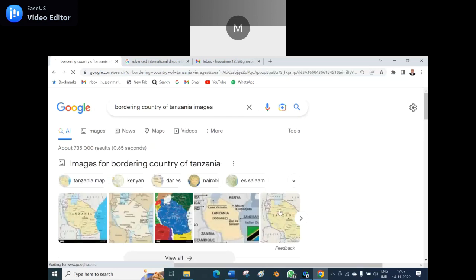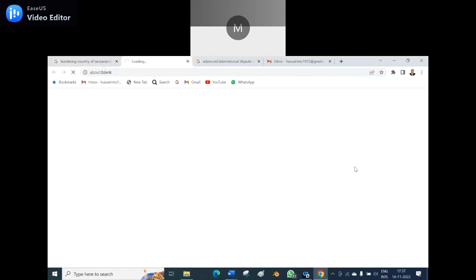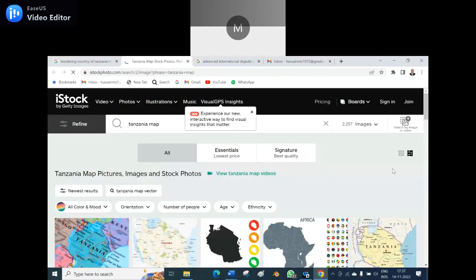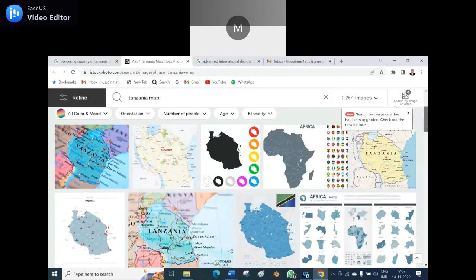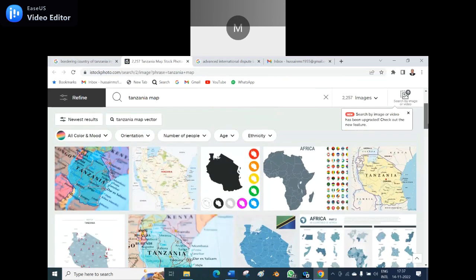Did you see here what countries are attached to Tanzania? Kenya, Uganda, Burundi, Rwanda, DRC, Mozambique.